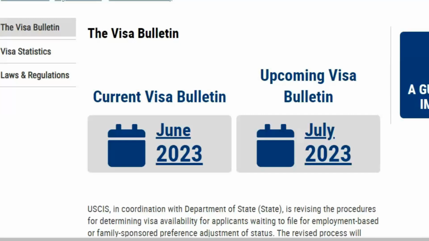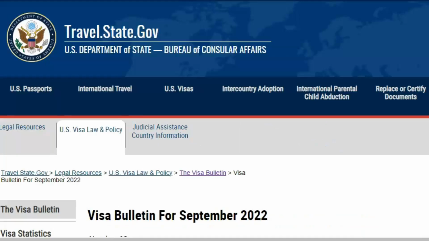So it is the upcoming visa bulletin, the visa bulletin for September, that you will click on when the visa bulletin is published in the month of August. When you click on that visa bulletin, you will be led to the page of the visa bulletin for September 2023. Remember, I said that we are using the visa bulletin from last year for the purpose of explanation.